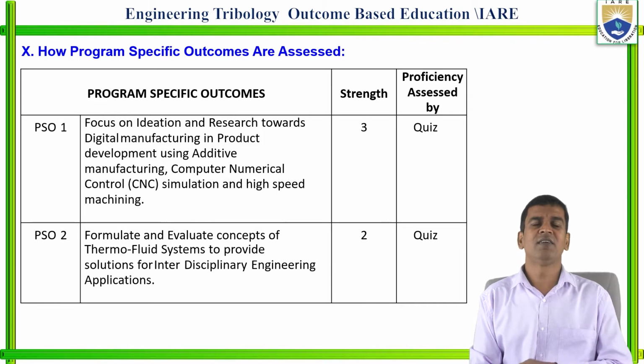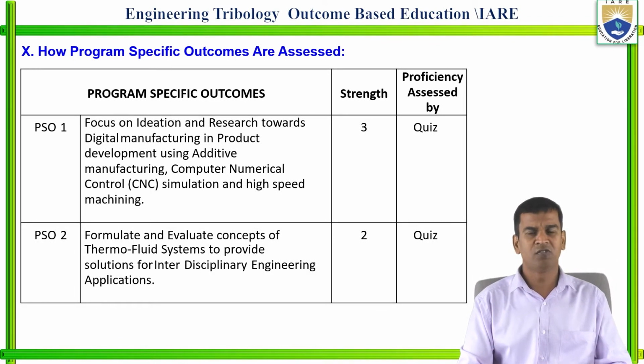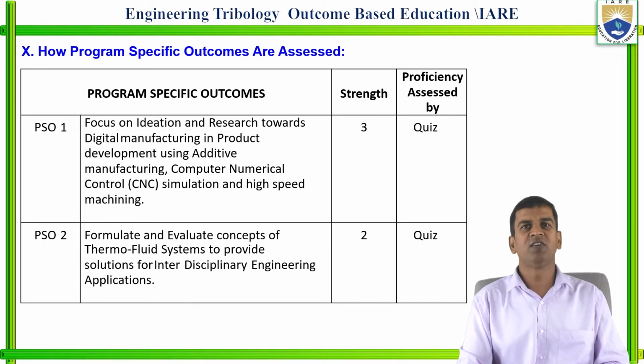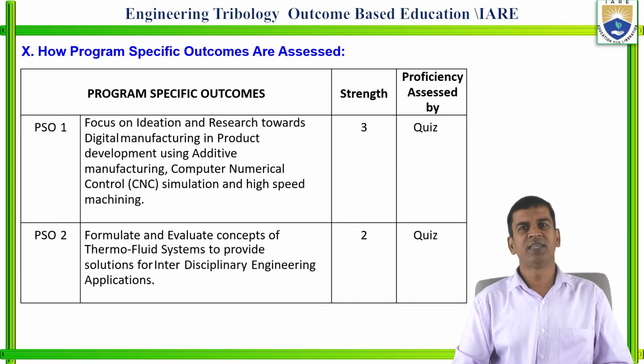In such cases, they will be using the ideas and research possible with this, because engineering tribology is a subject which deals with the latest innovations in the industry. So PSO1 will have a strength of 3, and it is evaluated with the help of a quiz. And for PSO2, in engineering tribology most of the surfaces undergo friction, and friction leads to heat generation.